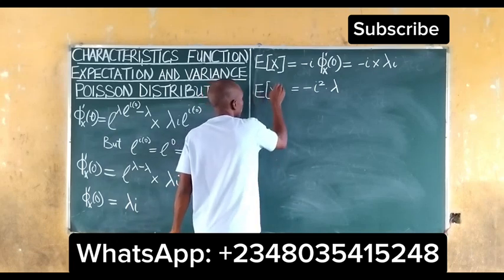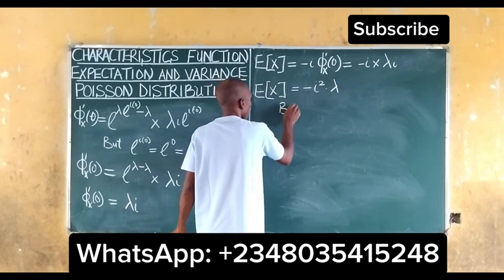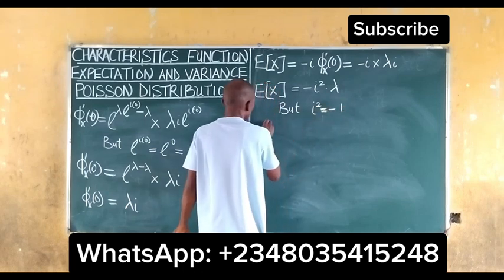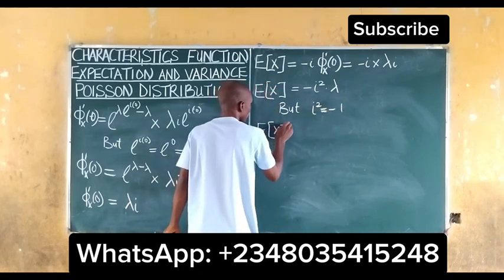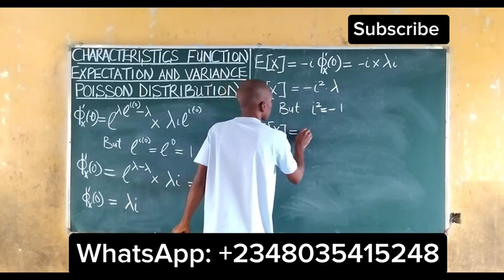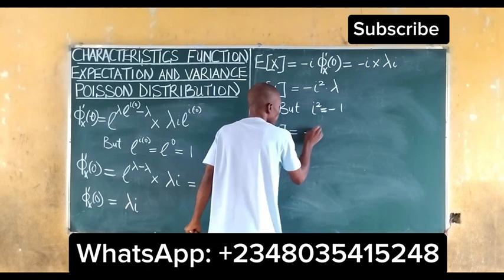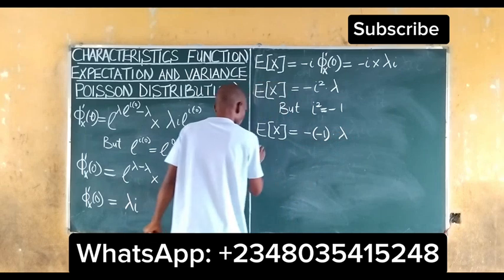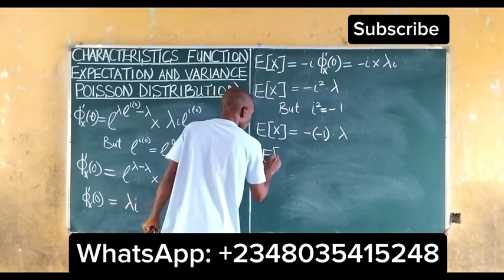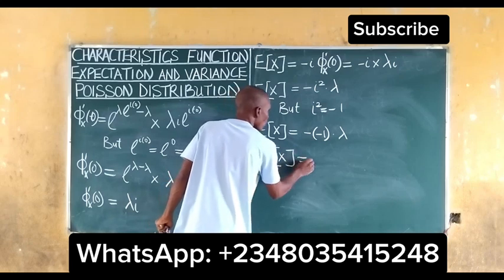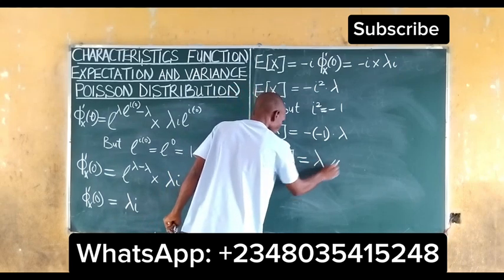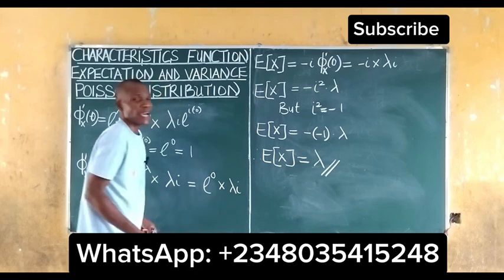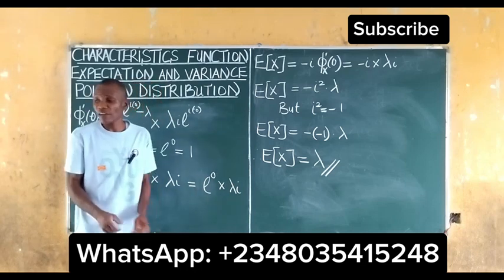But i squared is equal to minus 1. So we have negative times negative 1 multiplied by lambda. Therefore, the expected value of x is equal to lambda. And this is how we obtain the expected value of x.